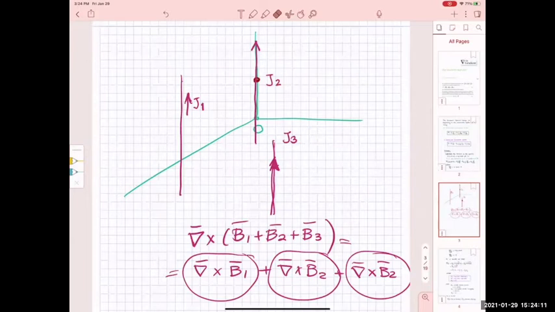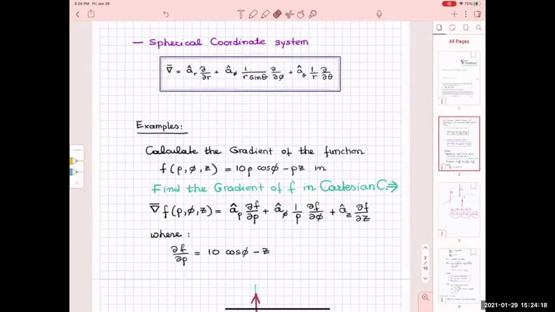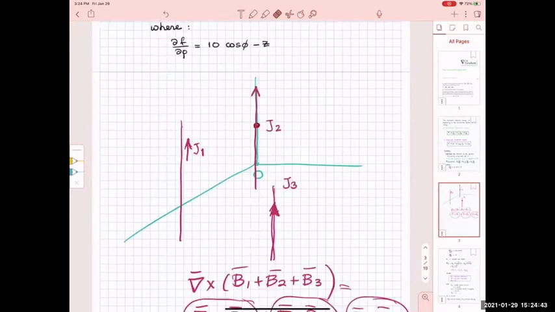So in any case, this one, I wanted to use it to show you here, in this particular case, I wanted to find the gradient of a function that was expressed in a cylindrical coordinate system, and I wanted to transfer this gradient into the Cartesian. So what I did, I took the function, I did the curl in the Cartesian system in this case, and then after, let me erase this, I don't need this.